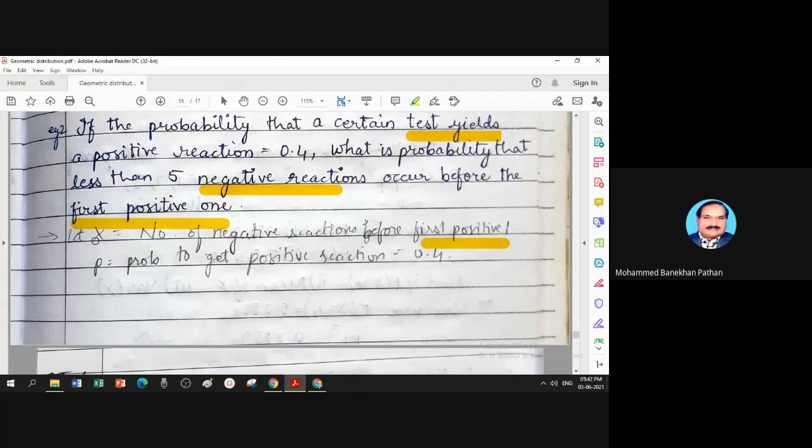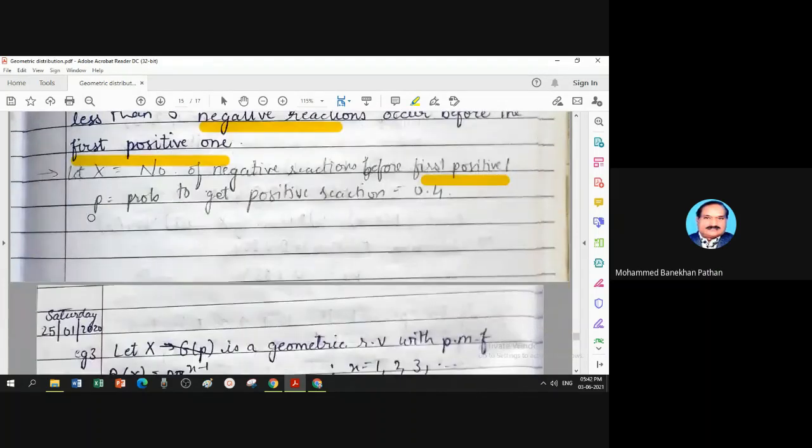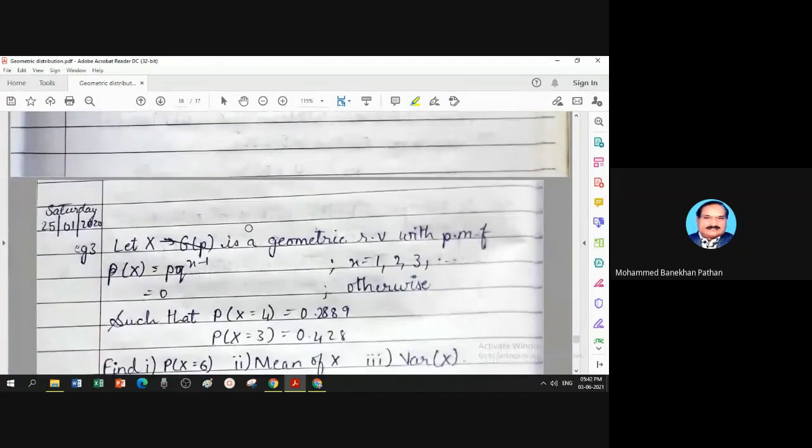So I define X in terms of failures. We have probability of getting a success 0.4. Define X, P(x) equal to P times Q raised to x minus 1, x is 1 to infinity. That means this is a function where I play with number of trials. When I write X equal to 1, it is a number of trials.